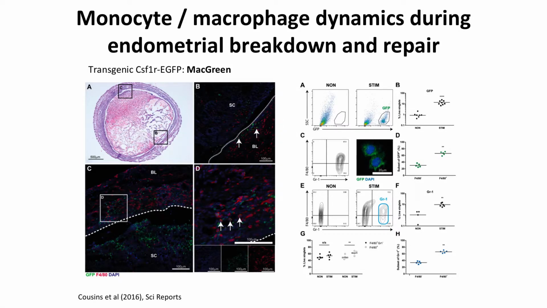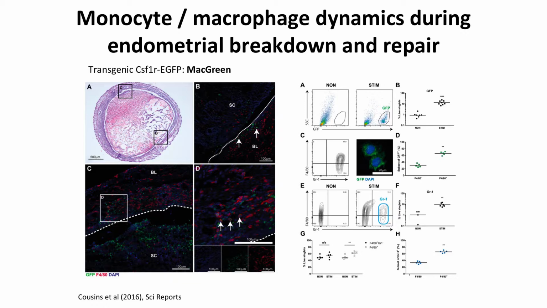So in another recent study, looking at monocyte and macrophage dynamics during endometrial breakdown and repair, Saunders group have been able to show some really interesting findings where different immune cell populations associate with different areas of breakdown and repair. So they're seeing an influx of monocytes.